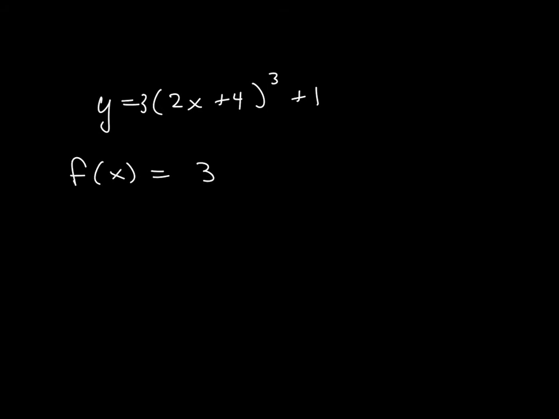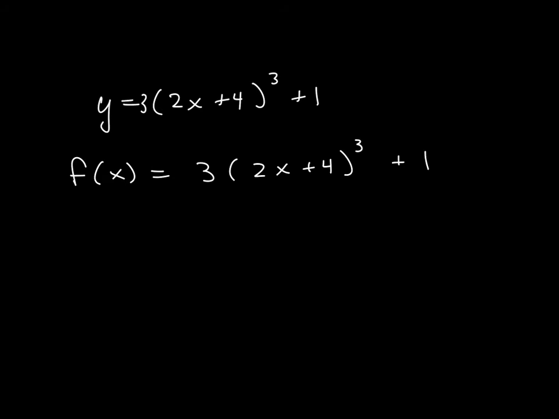Okay, so if we look at the first one I had there, y was equal to 3 times 2x plus 4 to the third plus 1. The first step is to see that this is f of x. And you have to identify the inside function, the composite function.